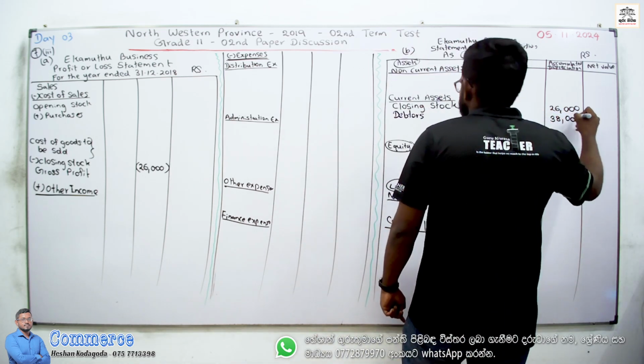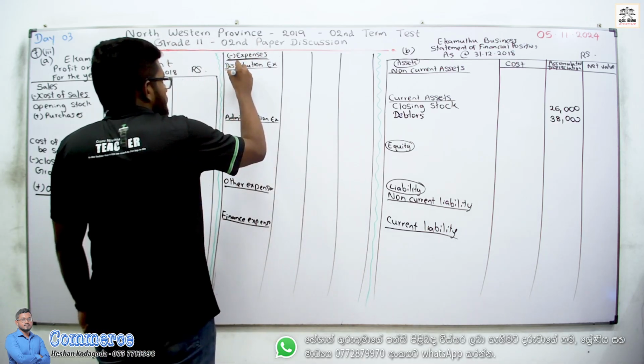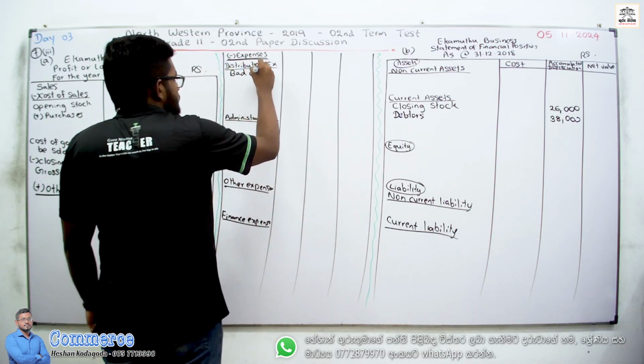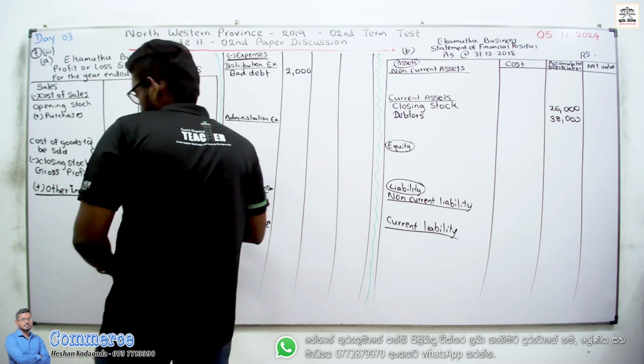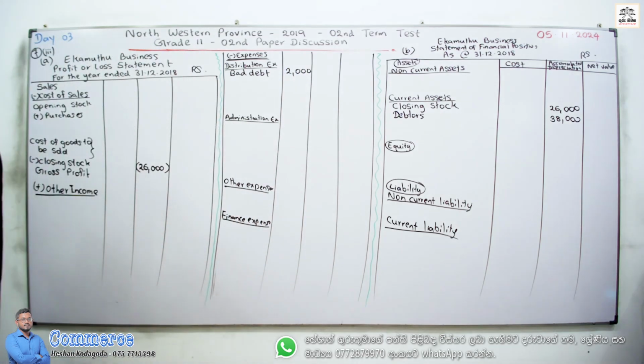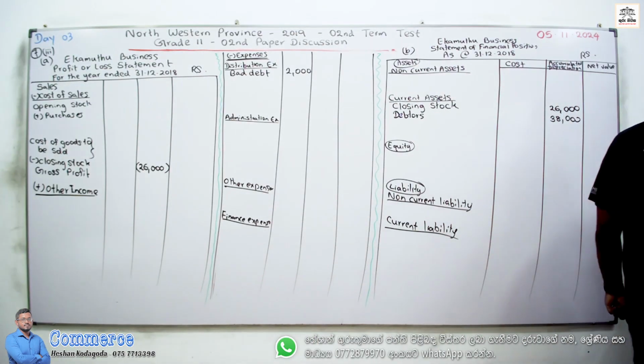Bad debts come under distribution expenses. Write bad debt 2,000 in.